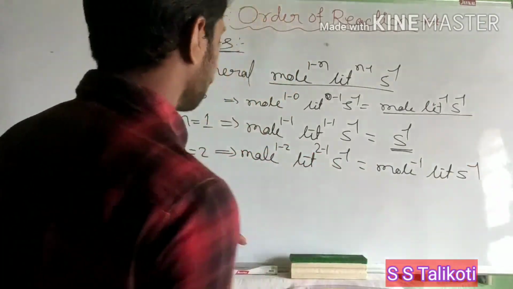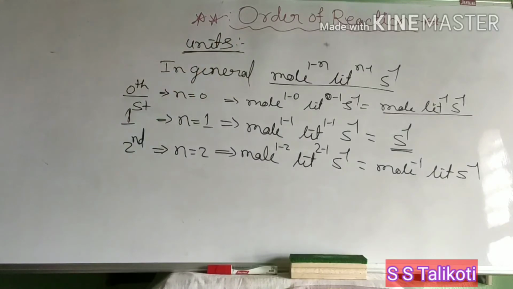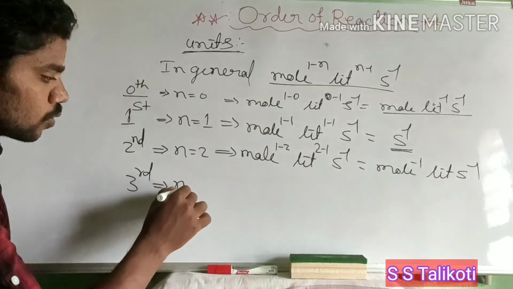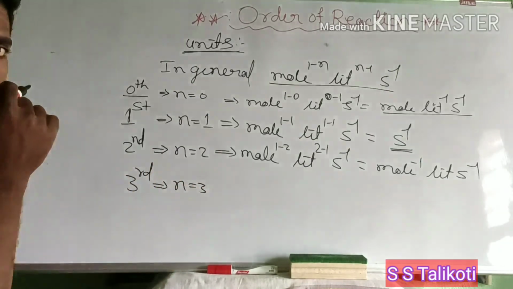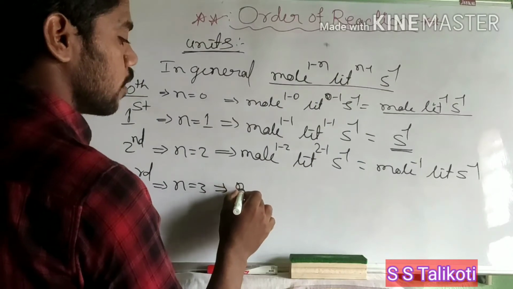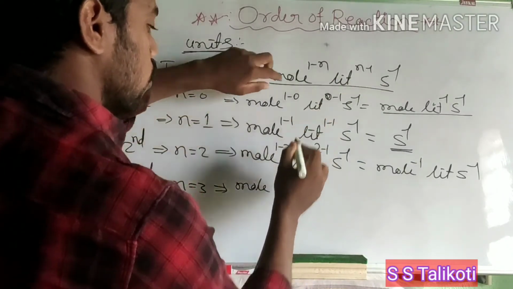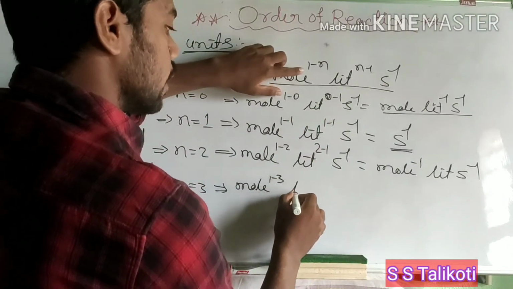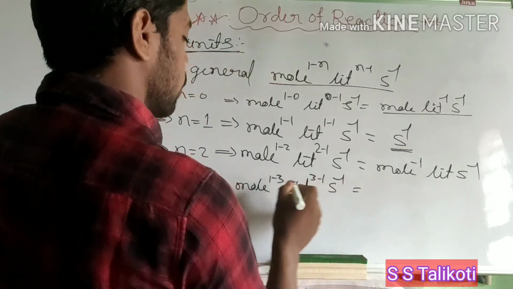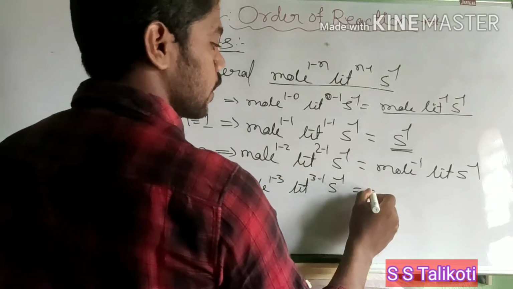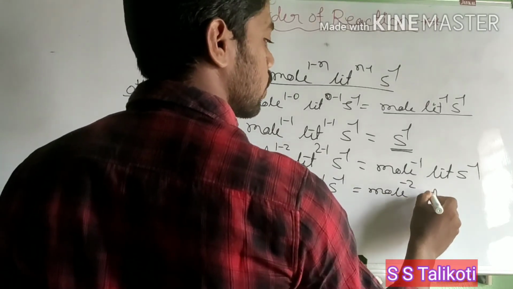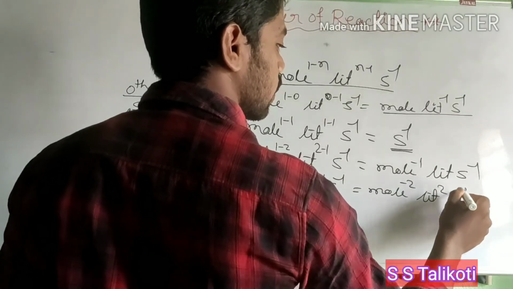Next we'll go for the third order reaction, n equal to 3. Substitute n equal to 3: mole 1 minus 3, liter 3 minus 1, per second. Therefore mole minus 2, liter squared, per second.